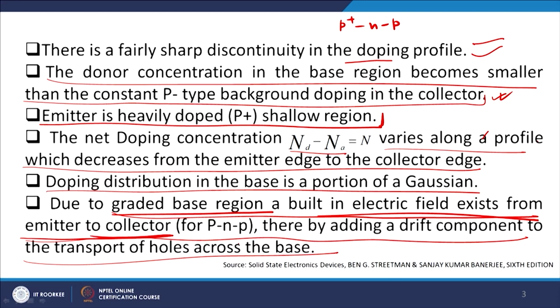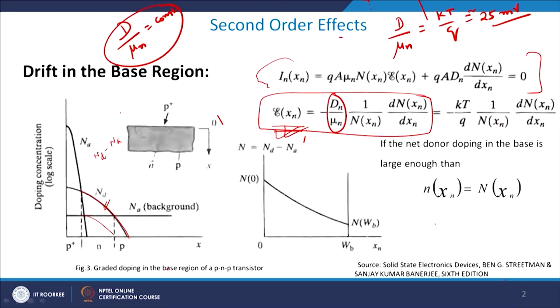Therefore, if there is an electric field, for example, from this direction to this direction, and holes enter the base region, they will always be drifted by the strong electric field towards the collector side, right, and that is the reason for the drift in the base region. So, the advantage is that you get a larger number of charge carriers on the collector side because of this drift in the base region, right.